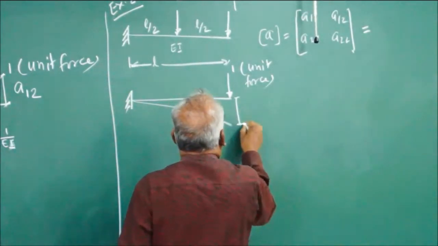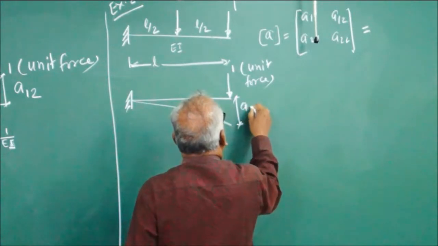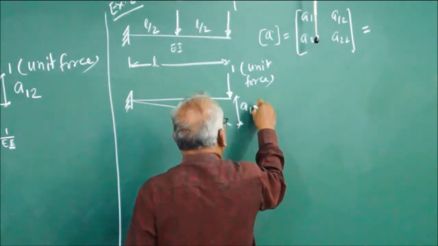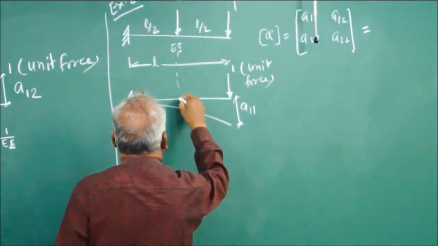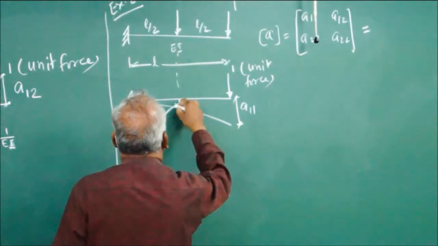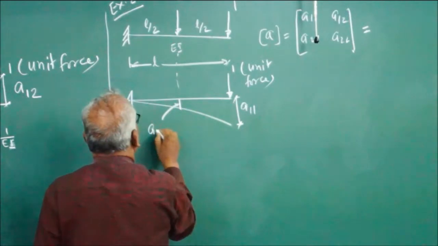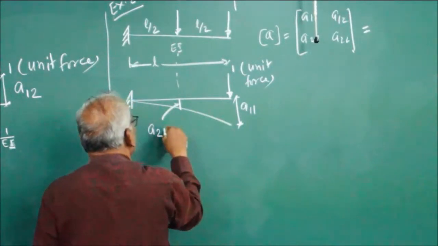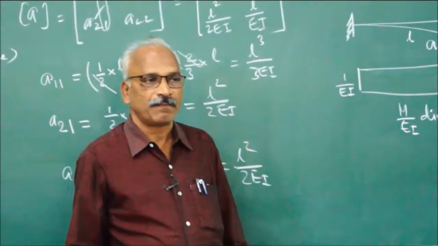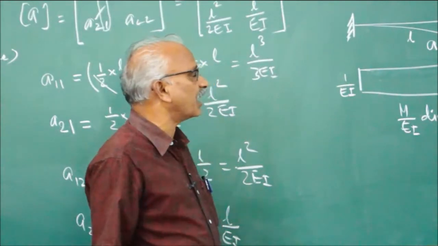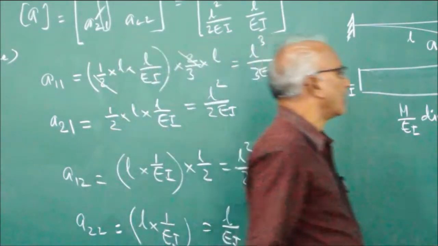So this is the displacement along coordinate 1 due to unit force along coordinate 1. Coordinate 2 is here. This is the displacement along coordinate 2 due to unit force along coordinate 1. You apply unit force only along coordinate 1 and find out the displacement along coordinates 1 and 2.